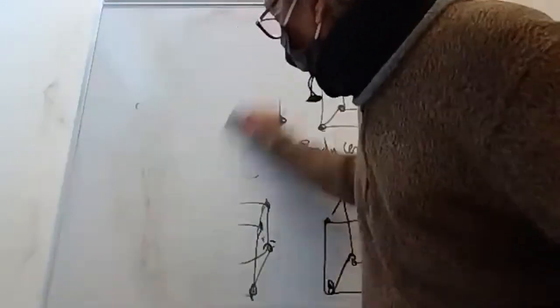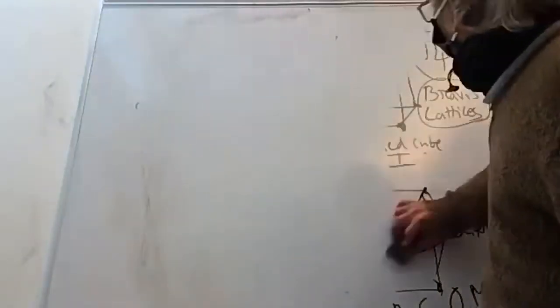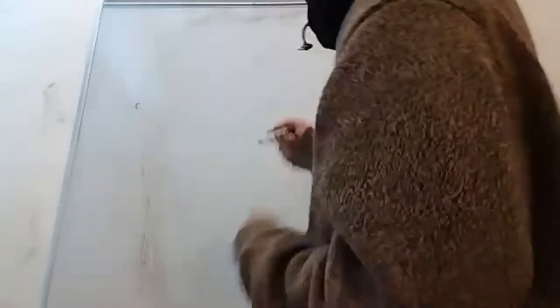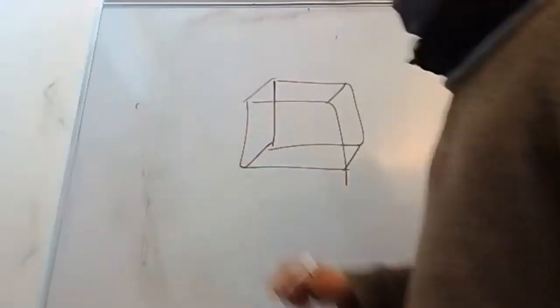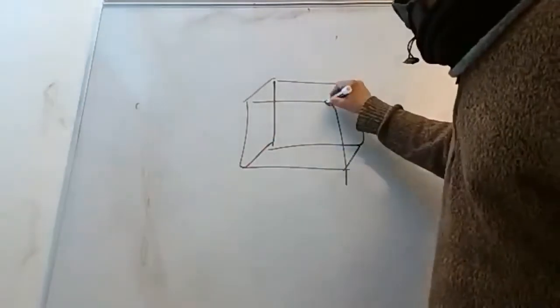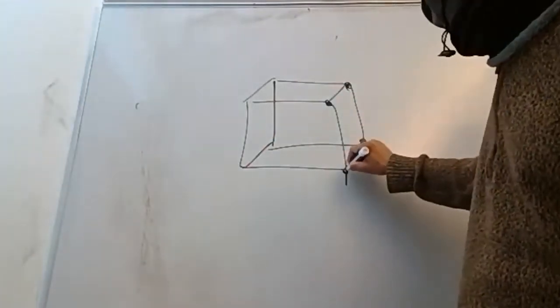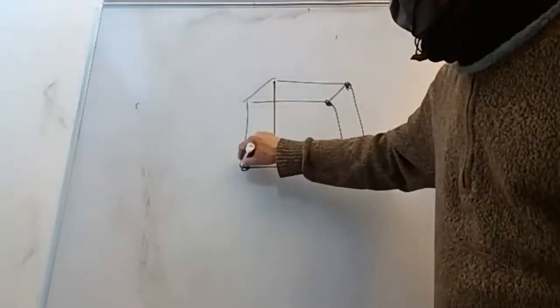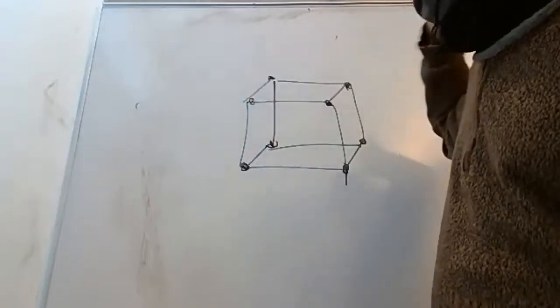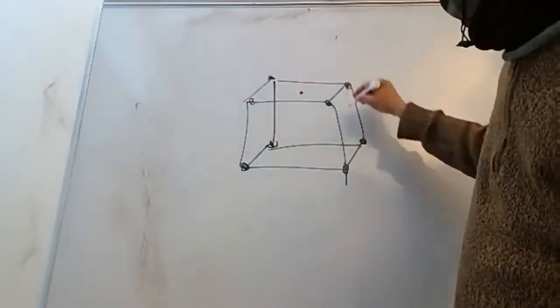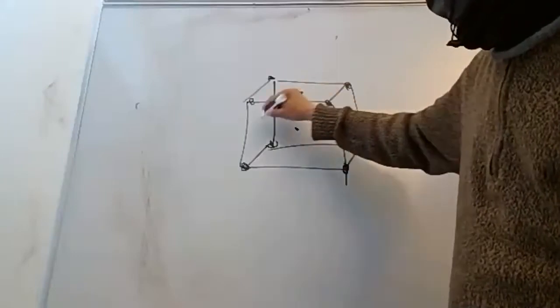The next thing that we need to work on is what we call the effective number of atoms. Let's talk about a face-centered cubic system where you have atoms in the corners and atoms at the center of each face.